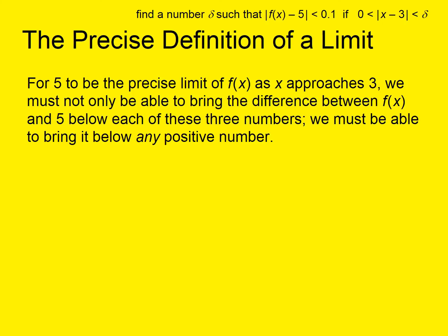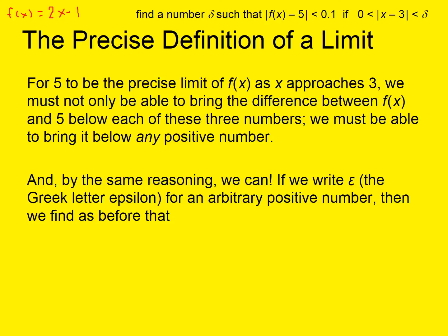We have a way of taking the difference and using that number 2 in a special way, the 2 that we were given when we were told in the original problem that f of x equals 2x minus 1, and we could come up with such a delta. And by the same reasoning, we can.